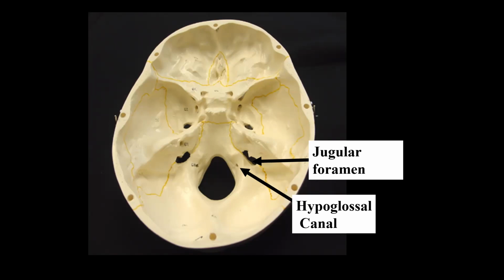It controls the movement of our tongue. Swallowing is a reflex. The medulla controls that. The medulla also helps to control the movement of our tongue when we eat and when we talk. And it controls the tongue through the hypoglossal nerve that comes down through the hypoglossal canal.